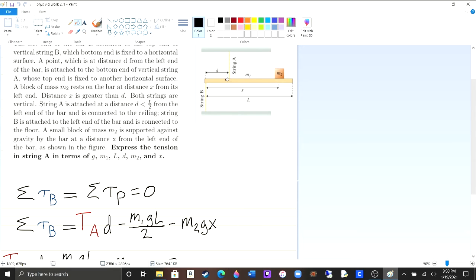And then we subtract our mass m2 times g times the distance between string B and m2, which is x.